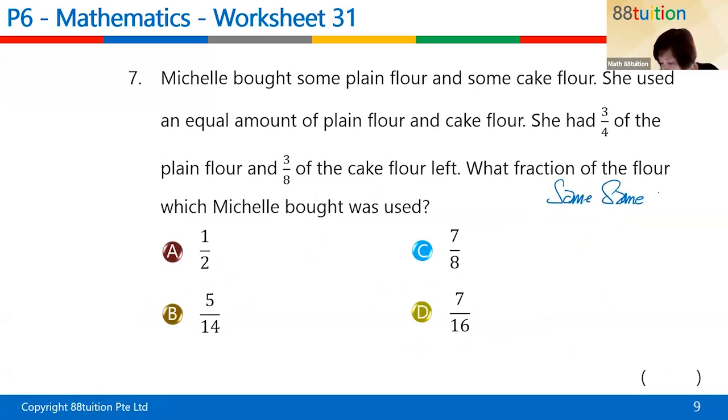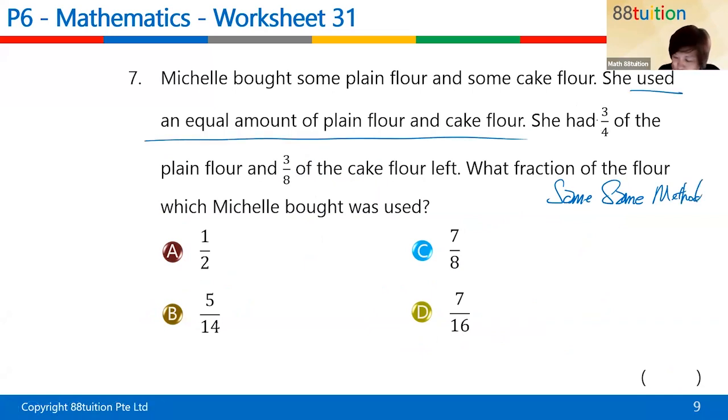Why same? Because the part that they use is the same. So 3/4 must be the same as 3/8. So we do this: 3/4 of P, which stands for plain, must be equal to 3/8 of C.